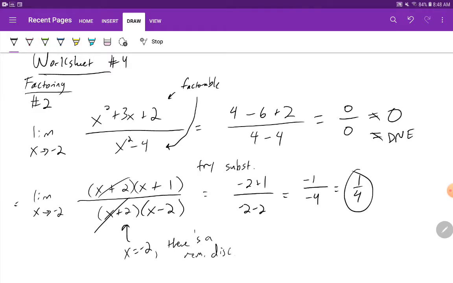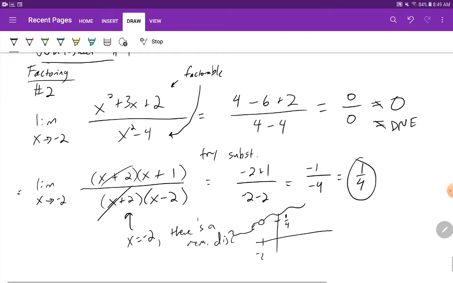The graph could be doing whatever it wants on the left and the right, but at negative 2, you know that there's going to be a hole, and it's going to hit a height of 1/4. All right, so that's the factoring one.